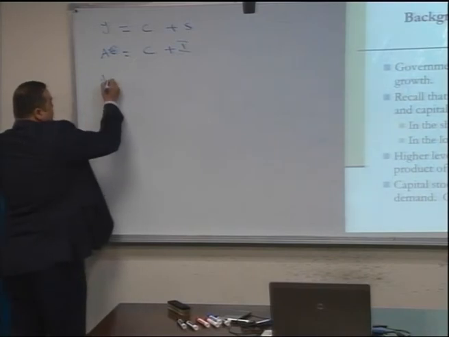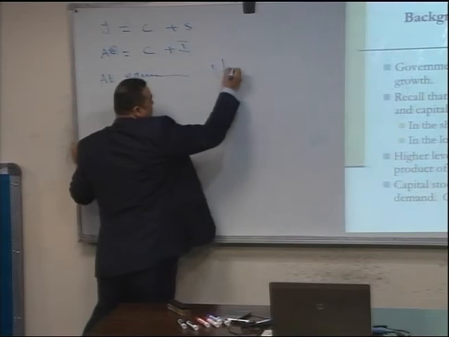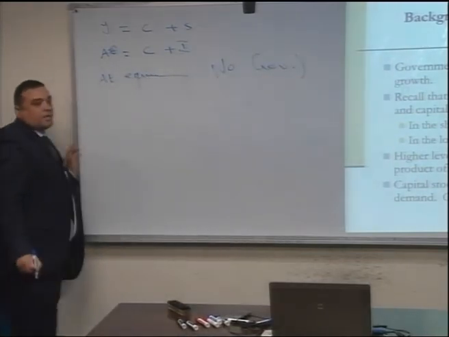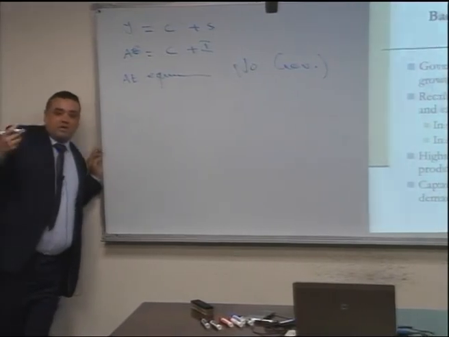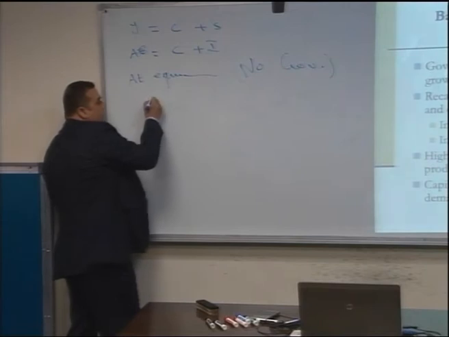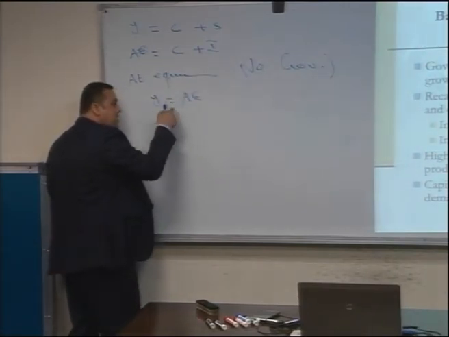At equilibrium, with no government, where does the equilibrium occur? The equilibrium is restored when Y equals aggregate expenditure, or aggregate supply equals aggregate demand.